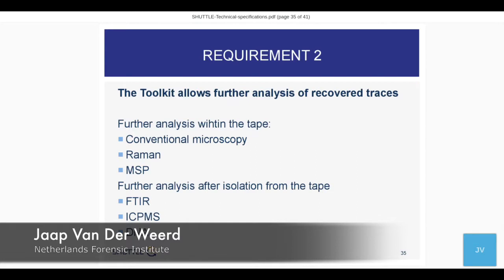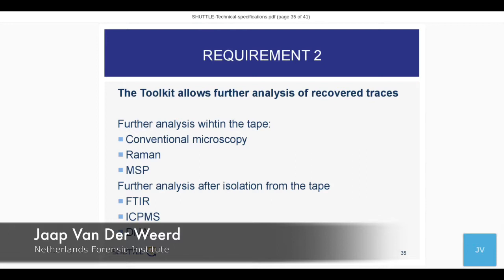Going to requirement 2, we need a tape that allows further analysis of the recovered traces, and the main thing there is the conventional microscopy. That's the single most important item. But also it would be nice if we could have a Raman system that can analyze traces that are still in the tape, or MSP, the microspectrometry, measure a complete spectrum of a trace that is in the tape.